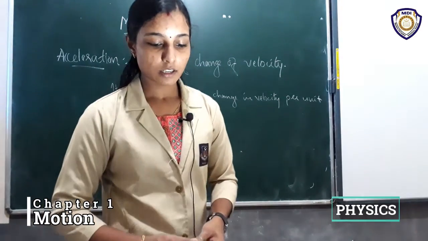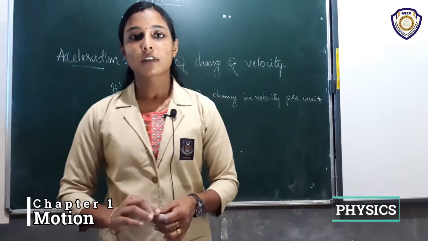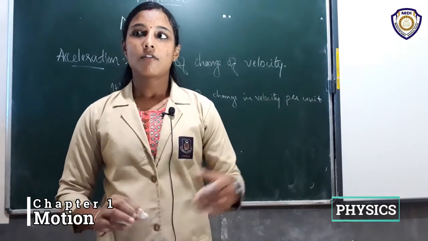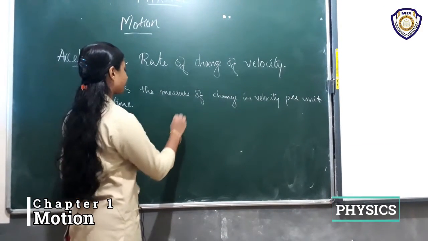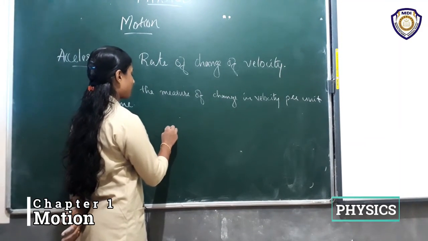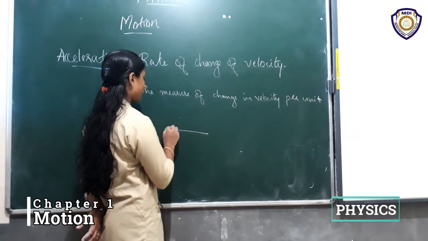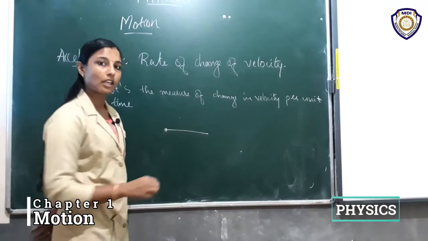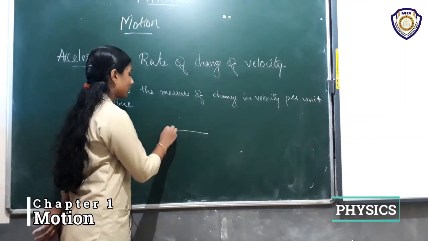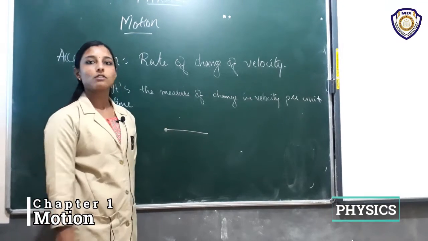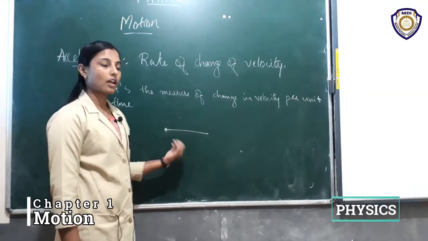And if we represent the velocity of a moving object at first, that means an object is at rest first. So what will be the velocity? What is velocity? Displacement by time, right? So here the object is at rest. So what will be the velocity? The velocity will become 0, right?